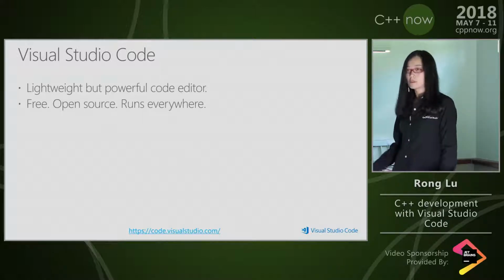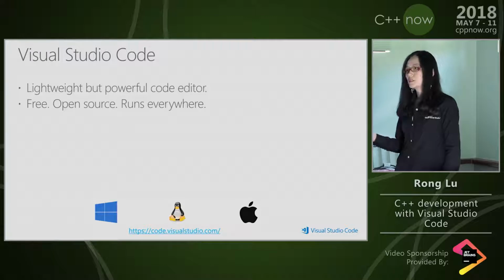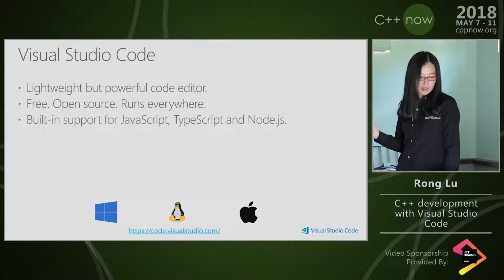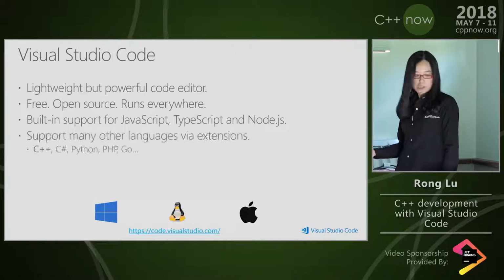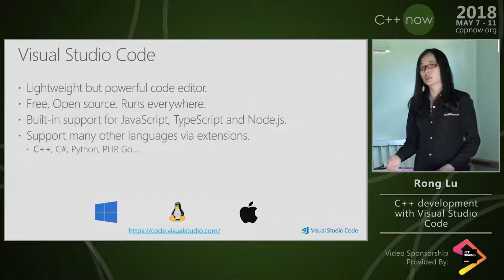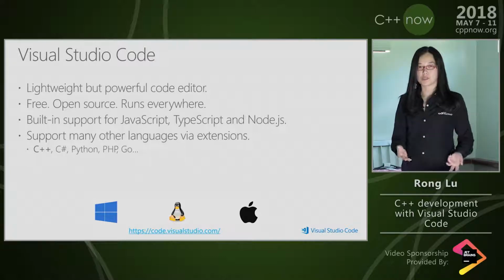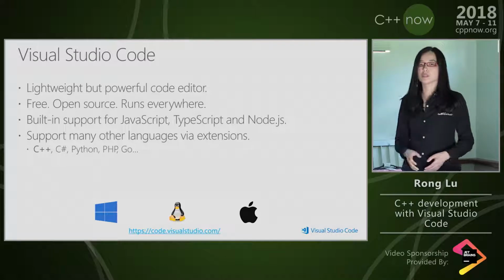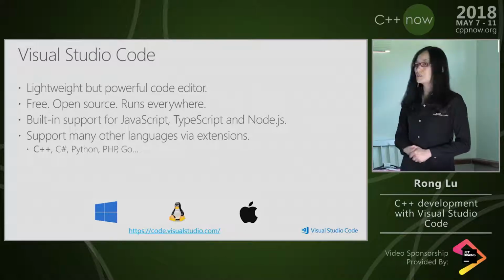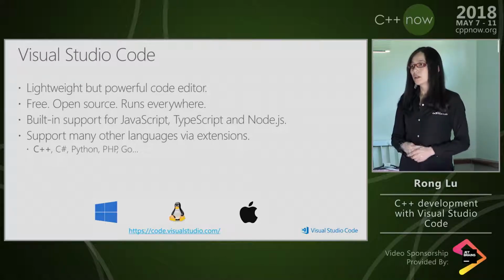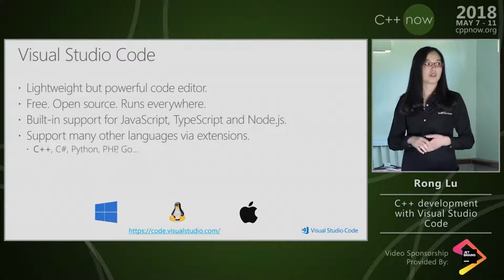It runs cross-platform on Windows, Linux, and Mac. It's completely free and open source. It has built-in support for JavaScript, TypeScript, and Node.js, but many other languages are also supported through extensions. There's C++, which is the one we're going to talk about today, but there are also other well-supported languages, including C#, Python, PHP, Go, and many others through extensions.